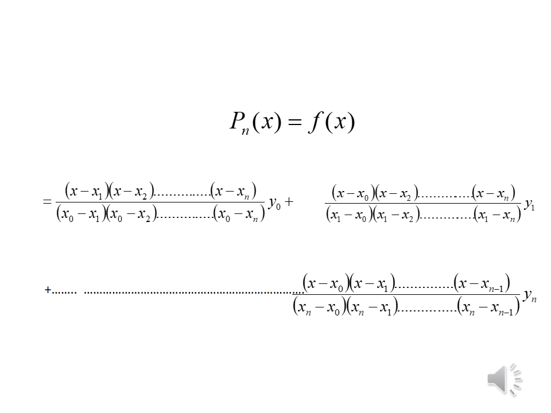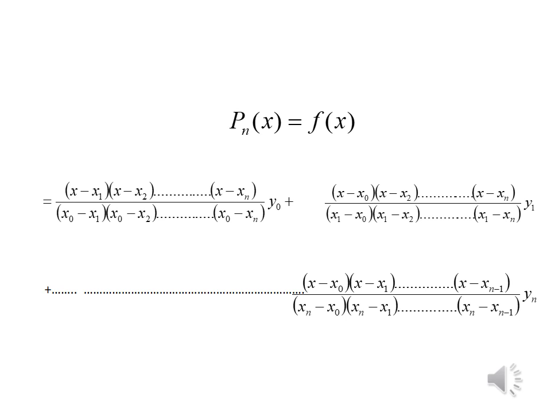And in the denominator, whichever is eliminated or exempted, you take that value. Here we exempted x0, so you take the difference with the other values, that is x0 minus x1, x0 minus x2, up to x0 minus xn, into y0.